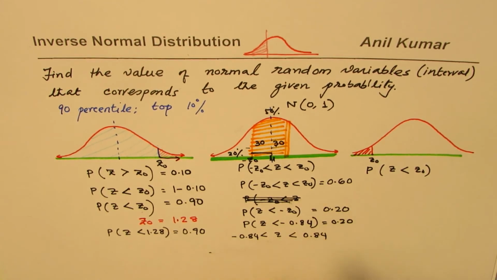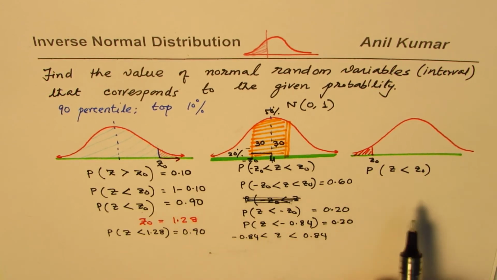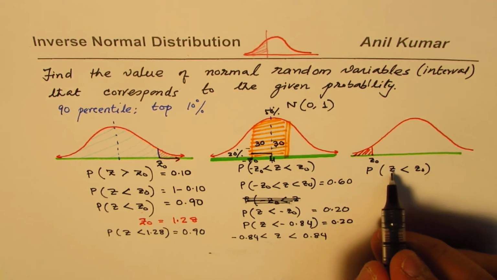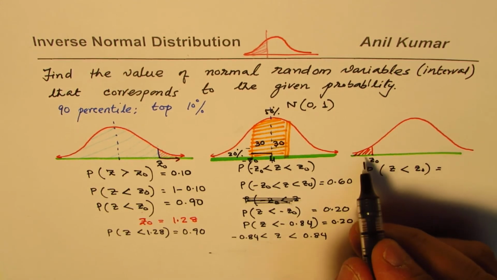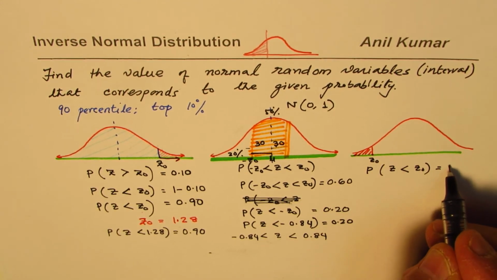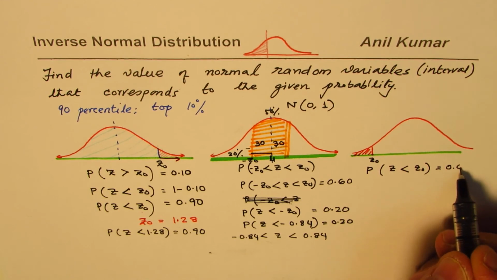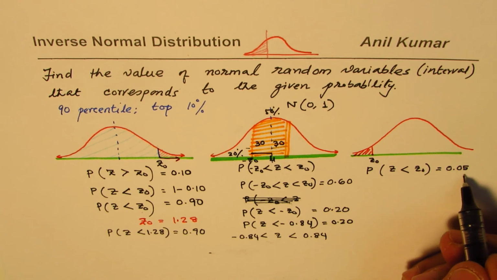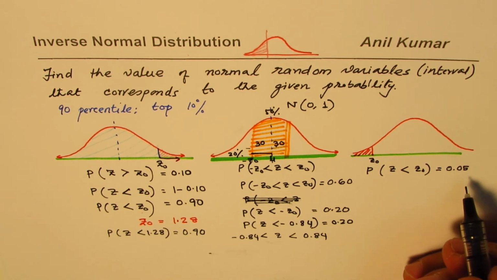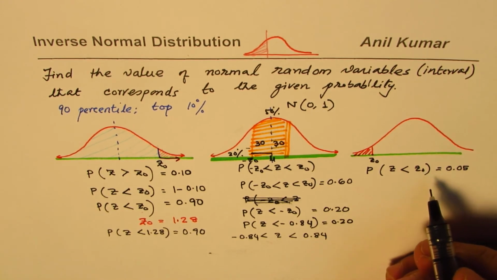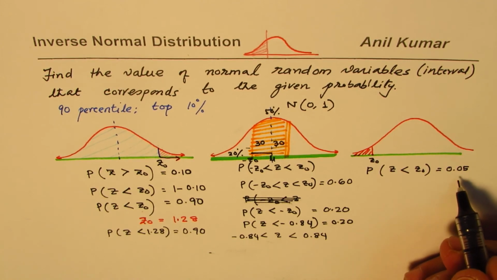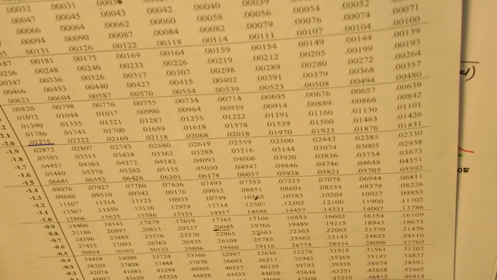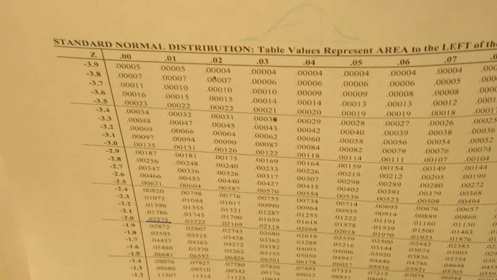Is it okay? The last one is kind of simpler from our tables because that directly gives you the value. So let us say this is equal to 0.05, for example. Okay, that is just 5%, correct? So what is Z0? What Z-score will give me 0.05? Let's read.